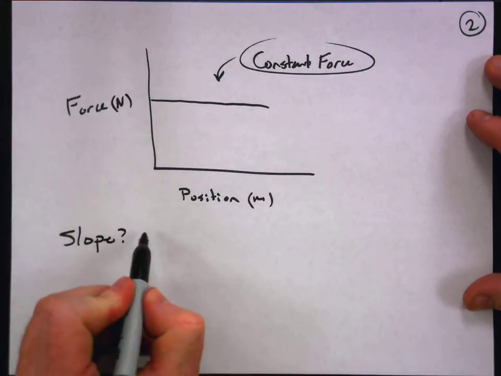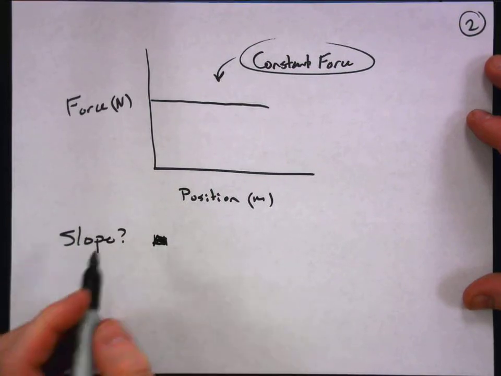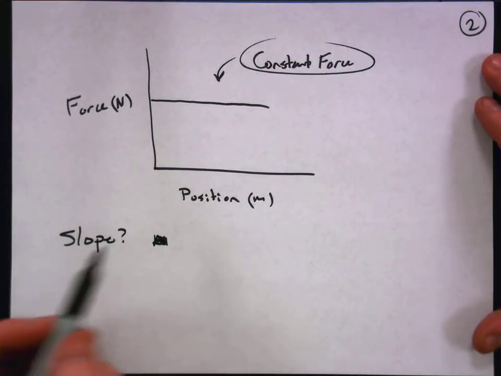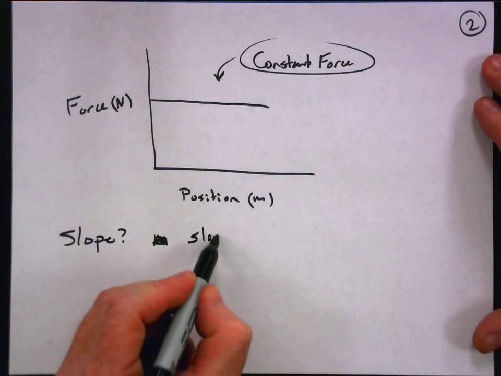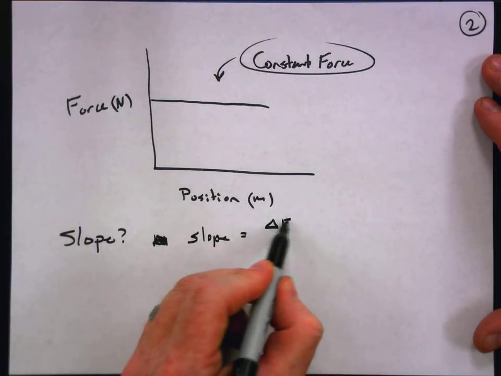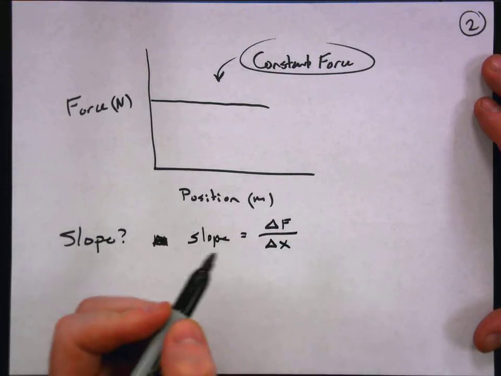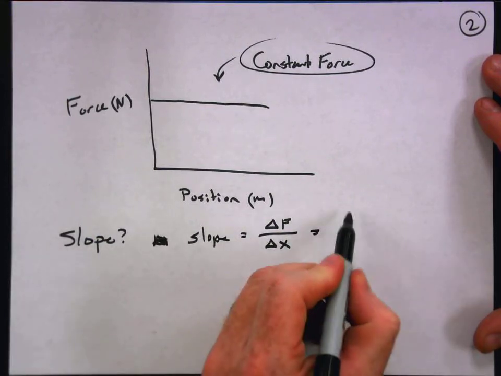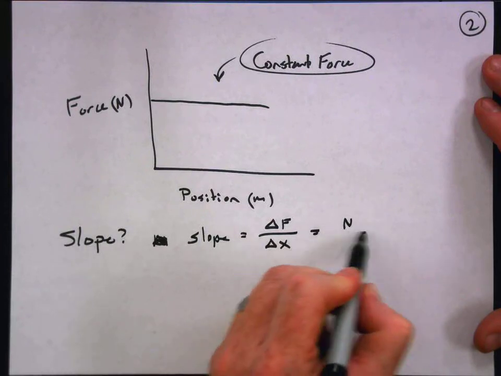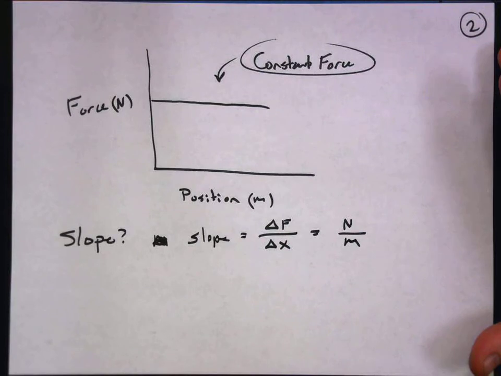Well, slope in this case, I don't want to use m for slope because it's all mass and meters and everything else. So I'll just write slope. Well, it's rise over run. So I have a change in force values divided by change in position values. Does that tell us anything? Well, maybe looking at the units is going to help. Newtons divided by meters. Newtons per meter. Well, that certainly isn't work, is it?